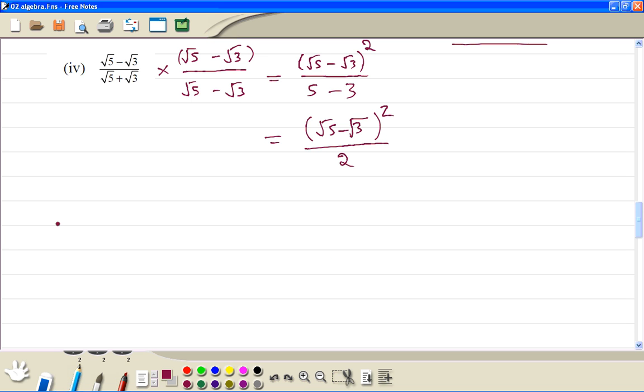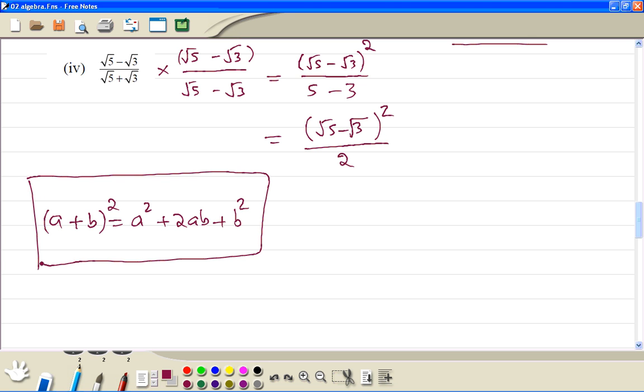Now remember the formula a plus b all squared. Always square the first number, then it's 2 times the product of those two numbers, which is a and b, then b squared. If you use this method here, square the first number, gives you 5.